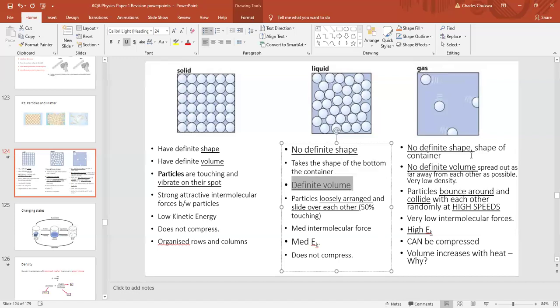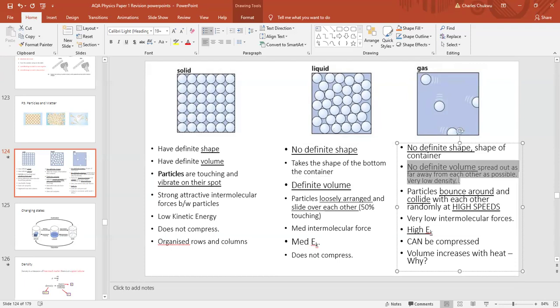But here we have gas, and you can see, what do we have for gas? No definite shape. They take the shape of the container, okay? The whole container, not just the bottom. No definite volume. They spread out as far away from each other as possible.